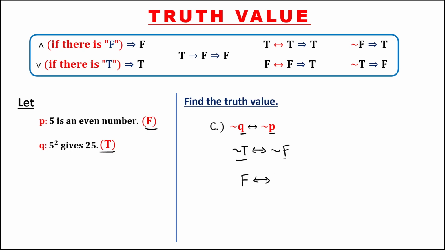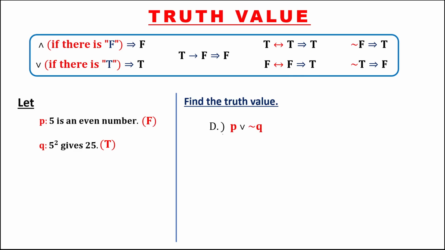Then for this double arrow, not false, this one is true. So for double arrows, if the same, the truth value is true. If different, the truth value is false. Since this one has different values, therefore the truth value for this compound statement is false.